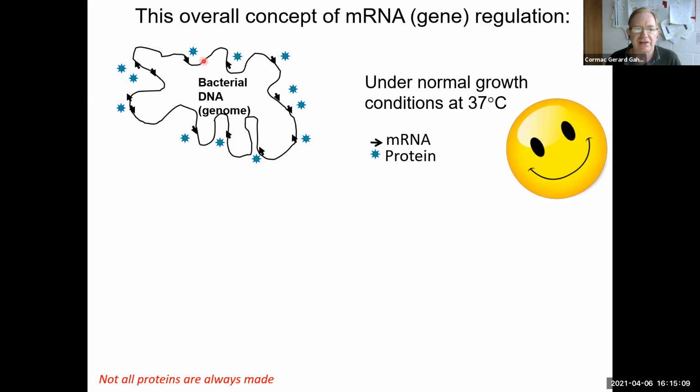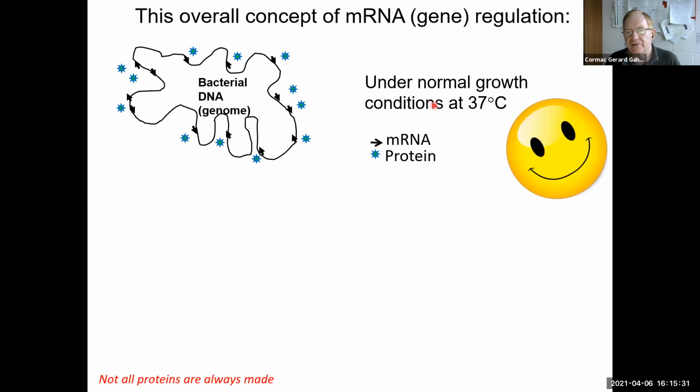This is the circular genome. And what I've done is I've said that under normal growth conditions, so E. coli likes to grow at 37 degrees. So at 37 degrees, E. coli is happy. It's making all these proteins, and it's making the proteins by making the messenger RNA and then making the protein. So the messenger RNA is the arrow, protein is the star.